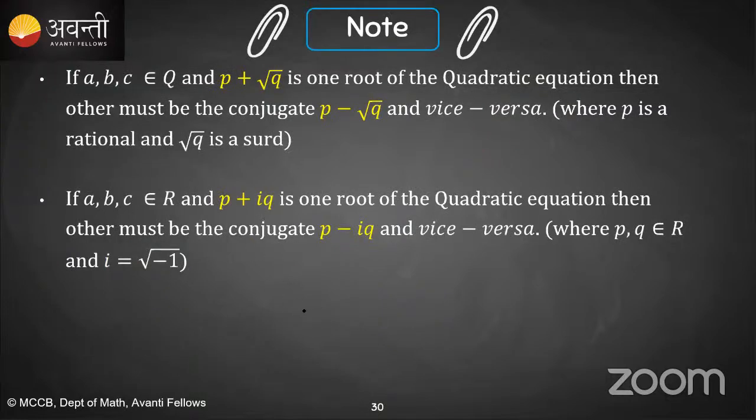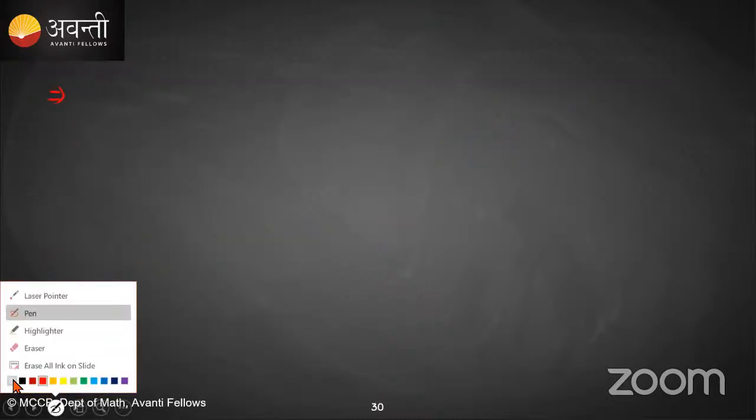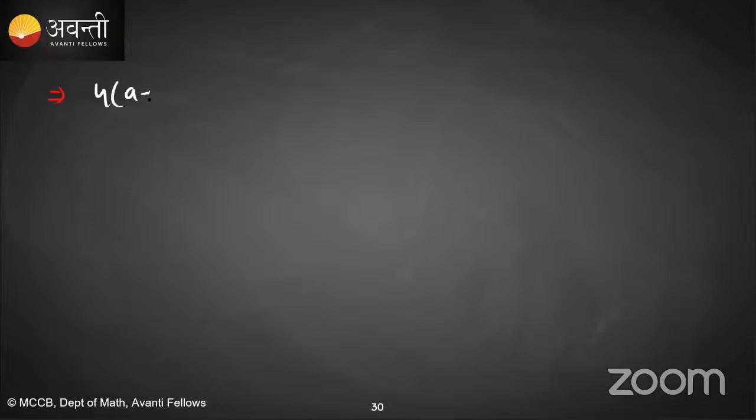So 12 into, this will become 12 into (a plus 1).